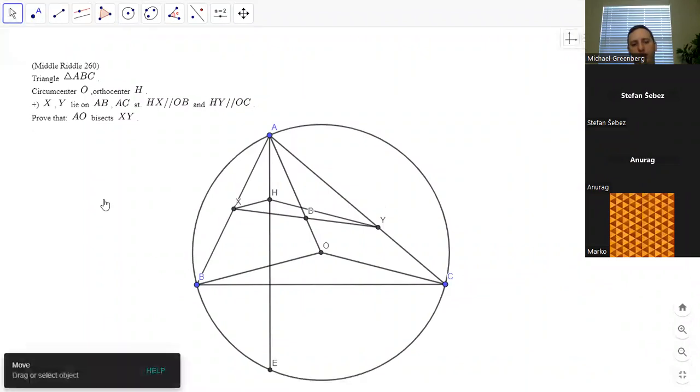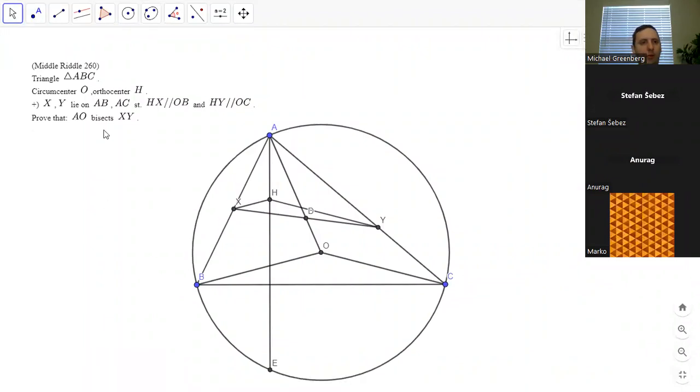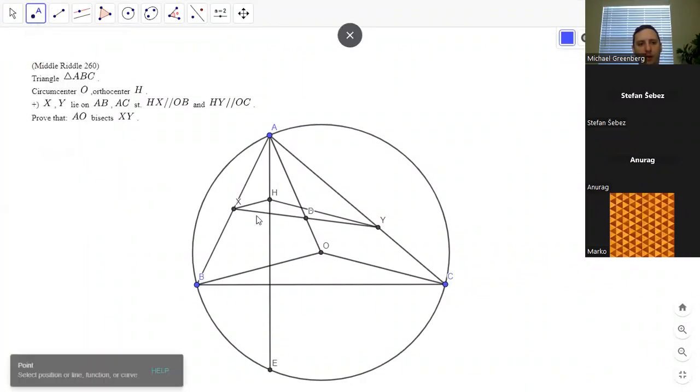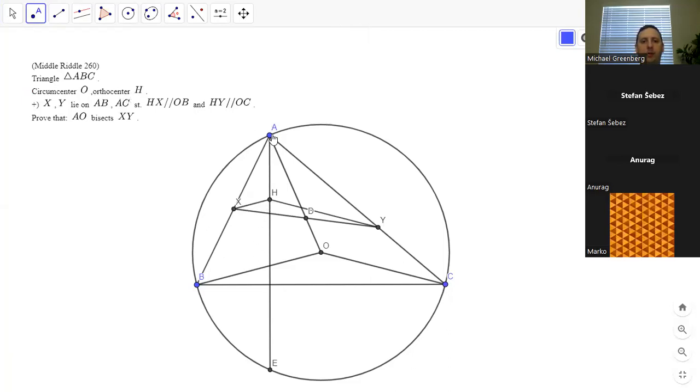So what we were thinking, what Stefan was saying, is that if we can prove it for any point on the altitude, even besides H, then it would prove it for H also. Let's just pick a random point F on the altitude.